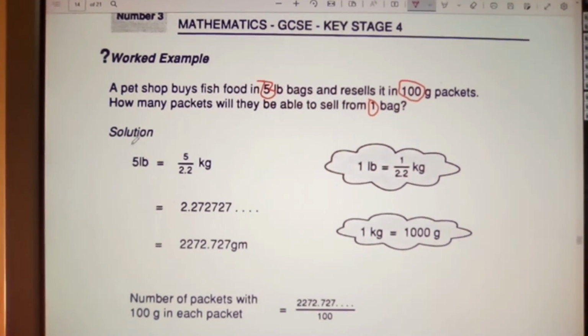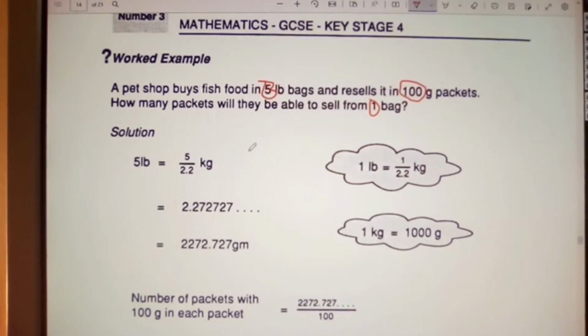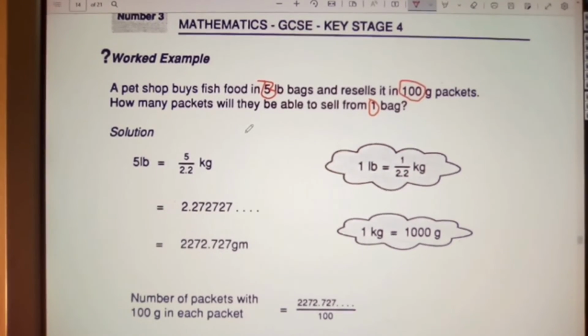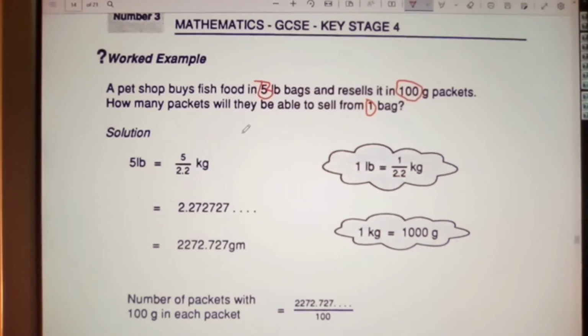Now we need to divide 5 by 2.2, because there are 2.2 pounds in 1 kilogram.